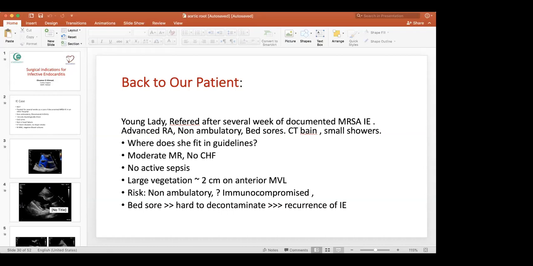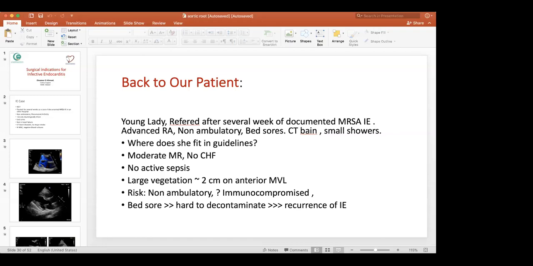The other indication is that she is not in heart failure, but there is showering to the brain, and she has not had a stroke yet. So these two make her a candidate for surgery. And also the large vegetation on the anterior leaflet.